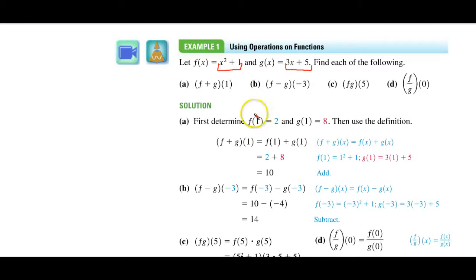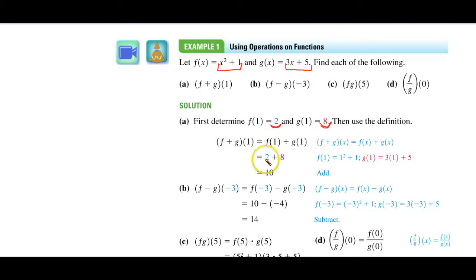So here we're going to put the 1 where the x squared is. 1 squared is 1. 1 plus 1 is 2. So we have a 2 then coming out of this. 3 times 1 is 3, plus 5 is 8.